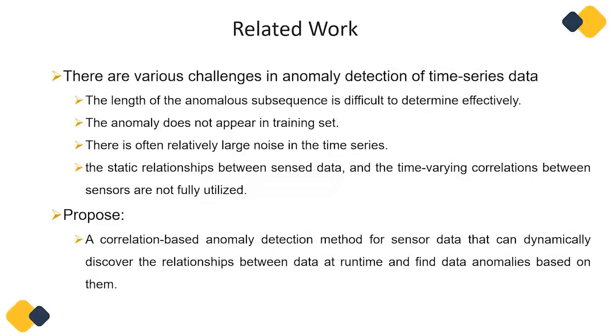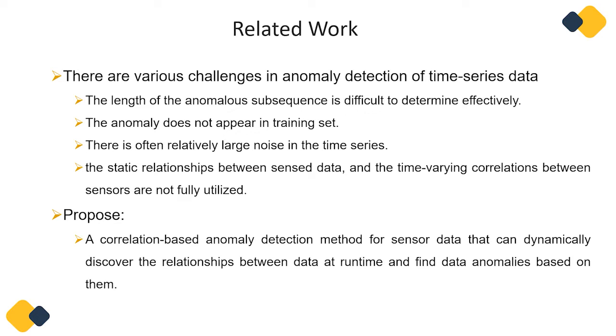Recently, some research on anomaly detection of time series data has been done. However, there are various challenges in anomaly detection of time series data, such as the length of the subsequence is difficult to determine efficiently.